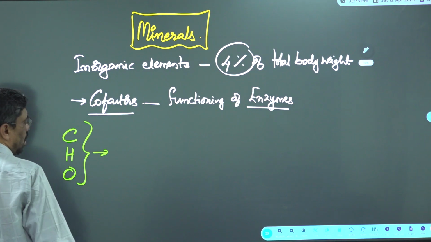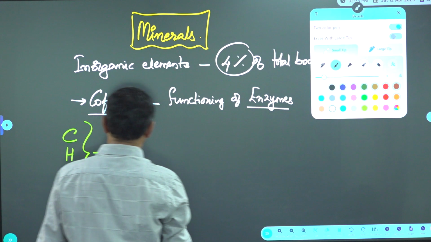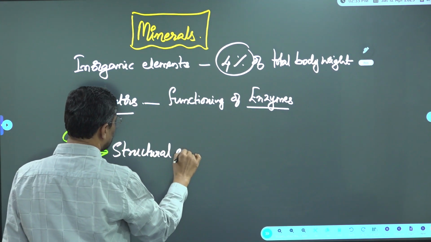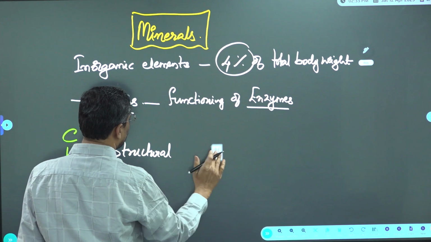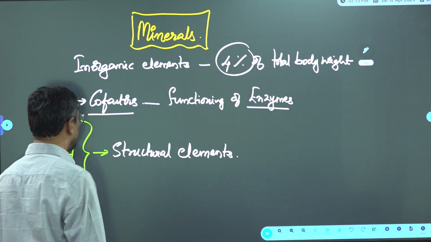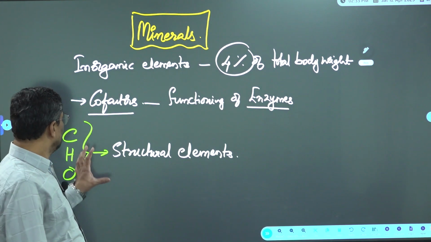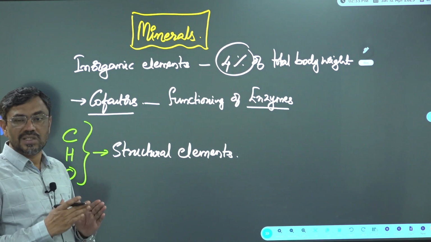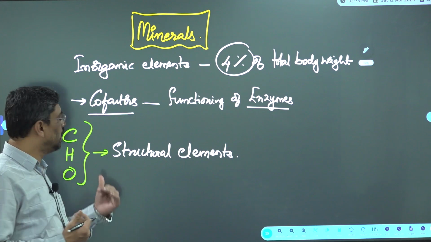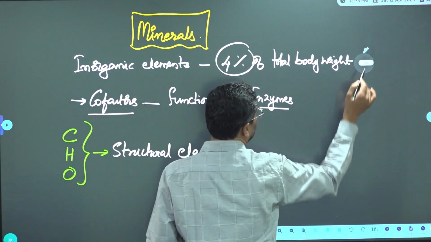These are called structural elements because they are involved in the construction of the macromolecules like carbohydrates, proteins, fats and nucleic acids. That's why they are called structural elements. And next, nitrogen.